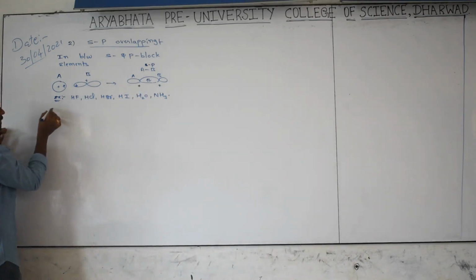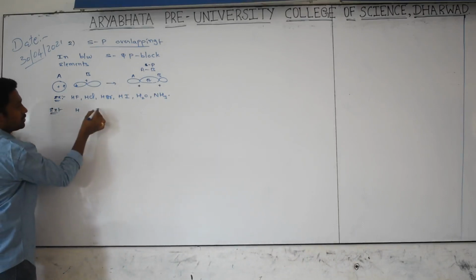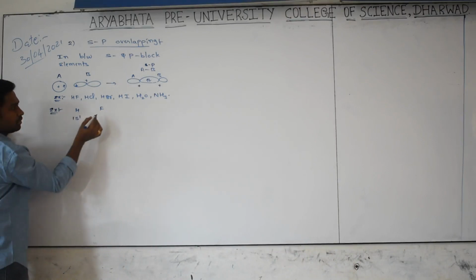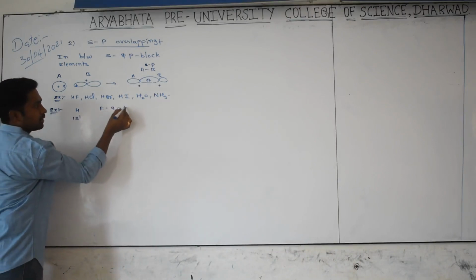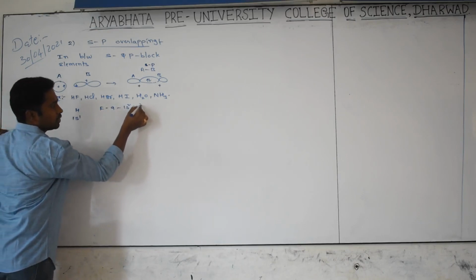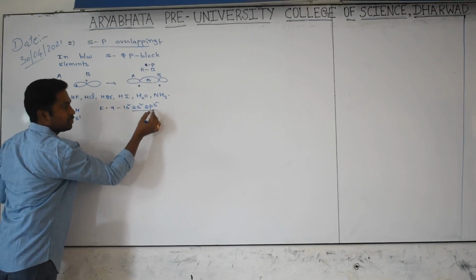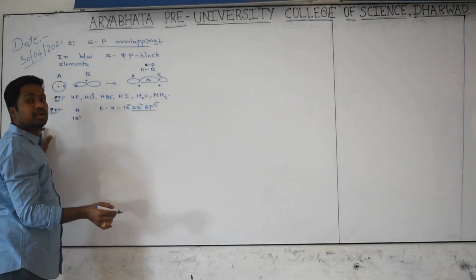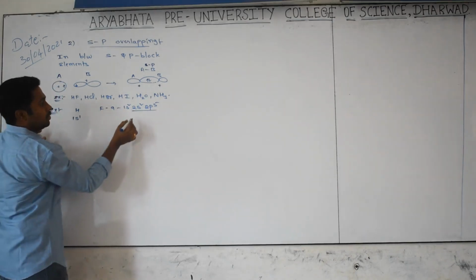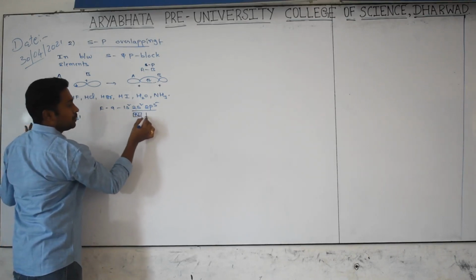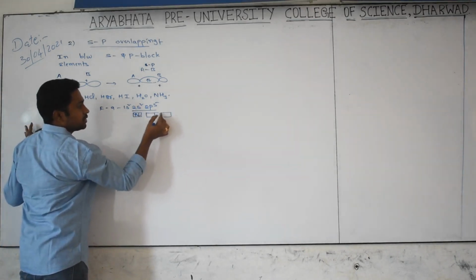Let me give you one explanation. You can see the HF molecule, H and F. Hydrogen has a single electron, 1s1. Fluorine, atomic number 9, has the configuration 1s2, 2s2 and 2p5. You know very well that only the valence shell orbital with a single electron is involved in the overlapping. 2s has 2 electrons, and 2p has 5 electrons across 3 orbitals.